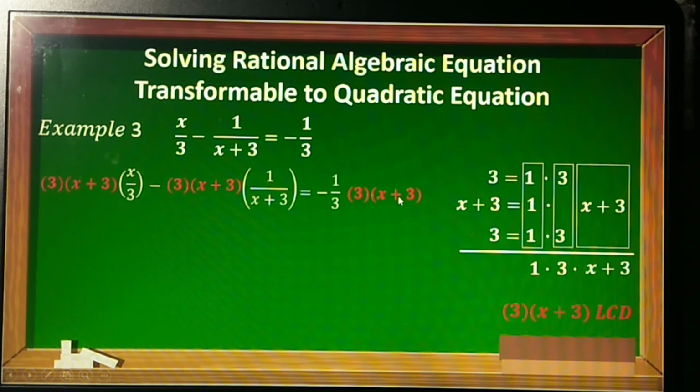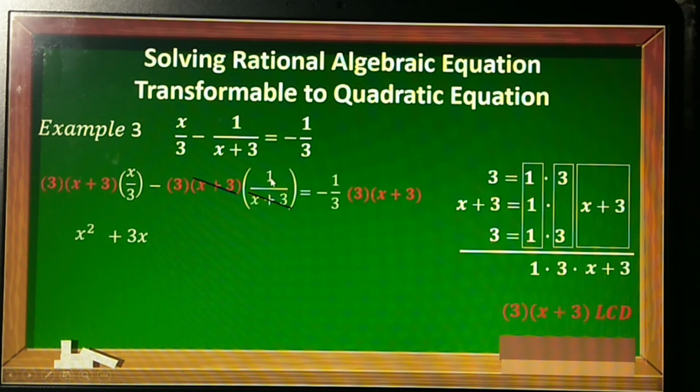Paulit-ulit lang na proseso. Ganun din. Kung anong pwedeng makancel dito sa LCD at sa denominator, kakancel lang natin. So, 3 and 3, cancel out. Next, yung natira, i-distribute natin dito. So, x times x is equal to x squared. Then, 3 times x is equal to positive 3x. Next, so same, cancel natin yung common dito sa LCD tsaka sa denominator. So, yan, tanggal lang. Natira na lang ay negative 3x.